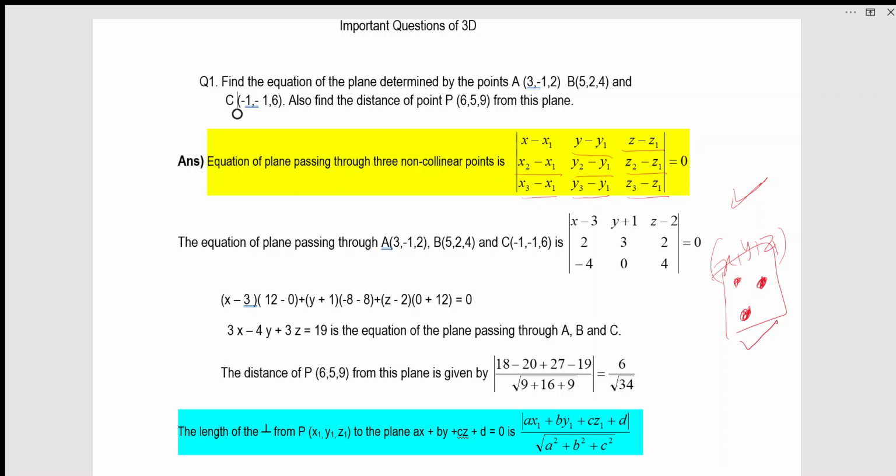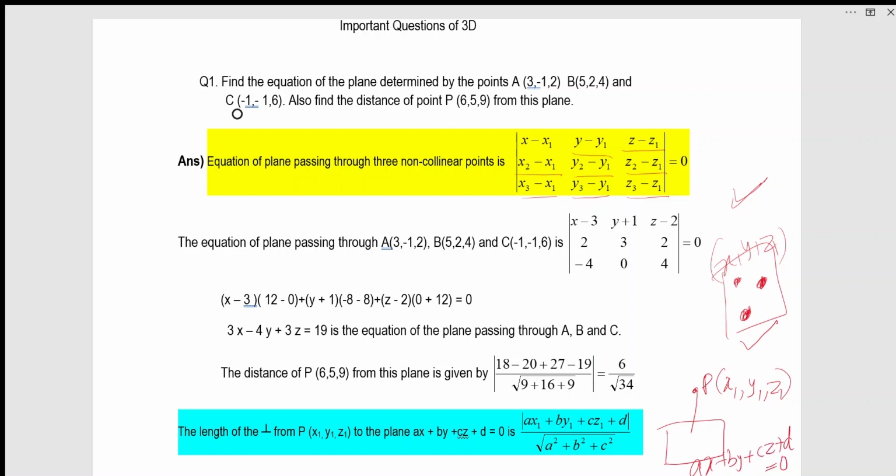Another formula in blue, the length of perpendicular from the point P (x1, y1, z1). So there is a point P, say x1, y1, z1, and you have to find out the perpendicular distance from the plane ax plus by plus cz plus d is equal to 0.